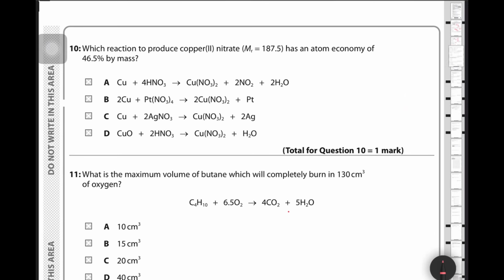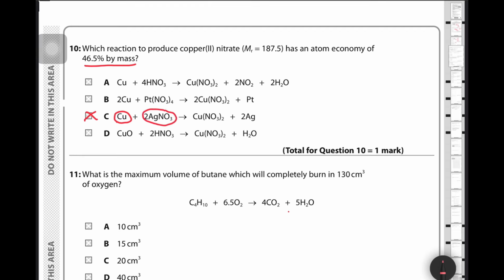Question number 10 is saying which of the reactions has the atom economy of 46.5 by mass. So you have to find the atom economy for all the four options, and you have to see which one is 46.5 or close to 46.5. So the correct answer is C. How? You just find the Mr of this, Ar of this, and Mr of this.